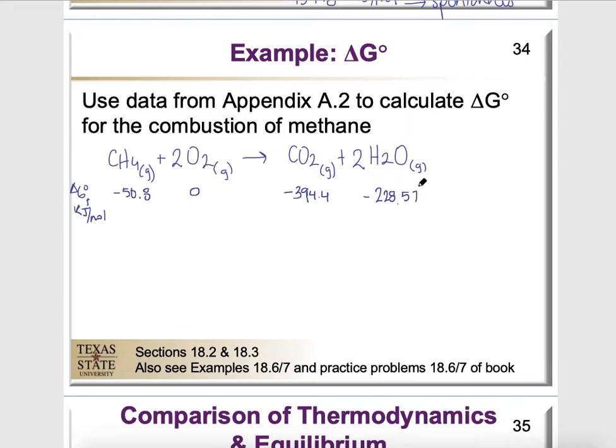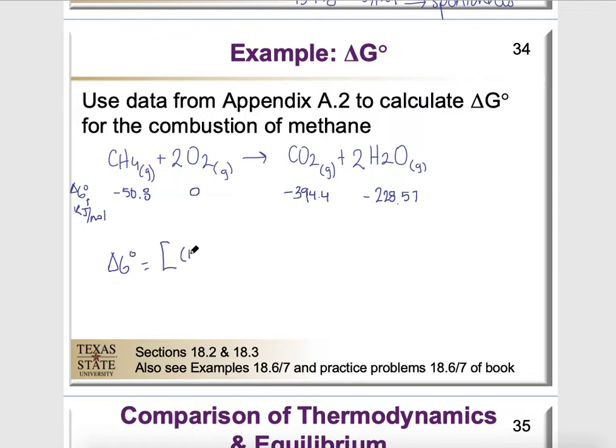All right, so now that we have that information, we can go ahead and do the calculation. It's the same equation that we used in the previous problem, where delta G0 is equal to the products minus the reactants. In this case, I have 2 products, so I'm going to start with the CO2.